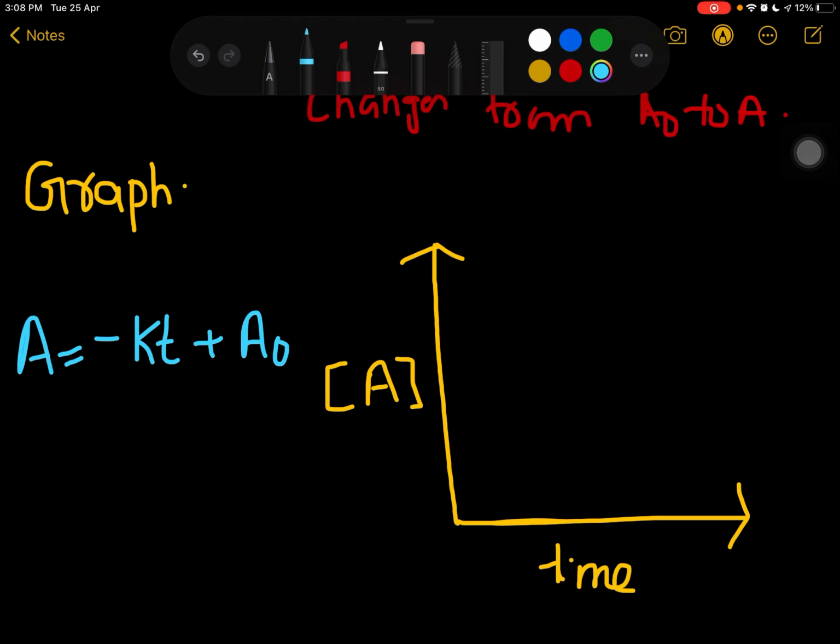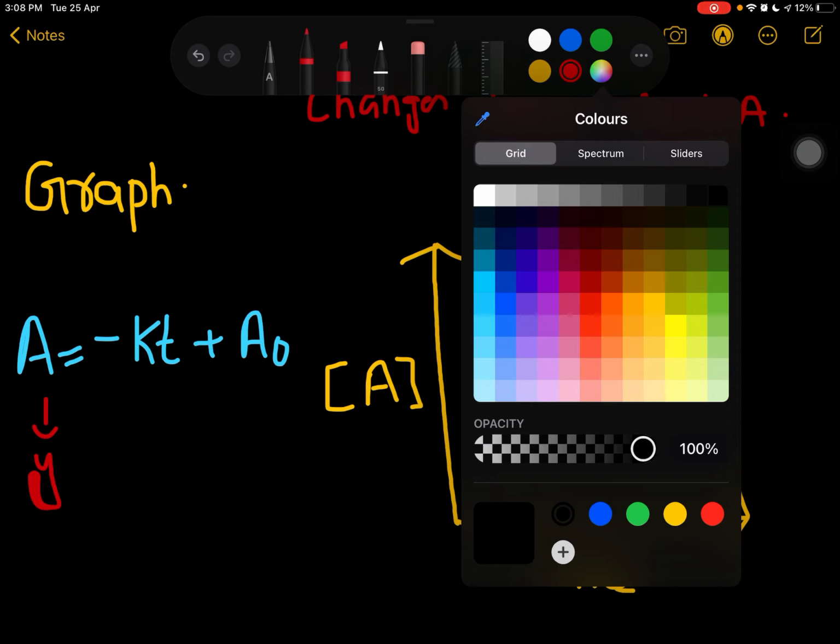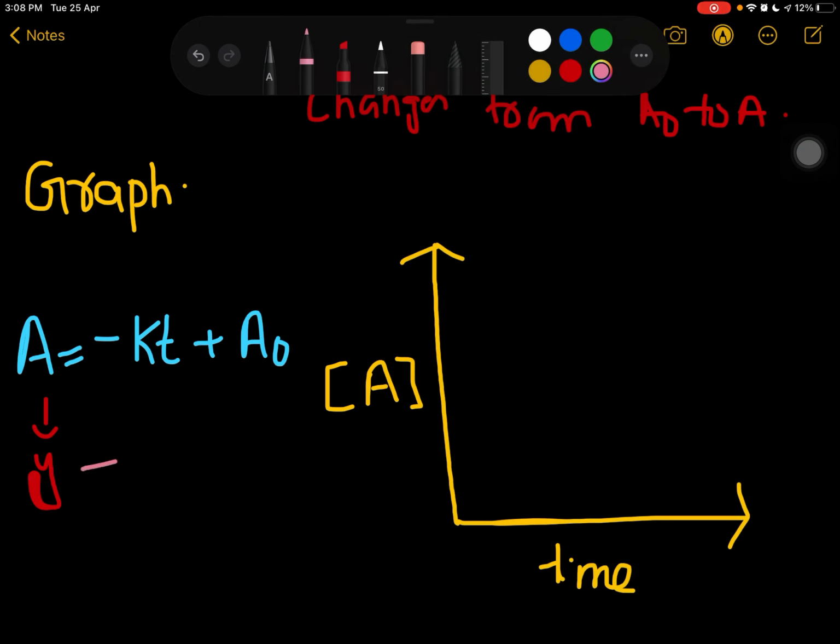Now as you can see this A is lying on the y-axis, so this can be written as y is equal to mx plus c, right?